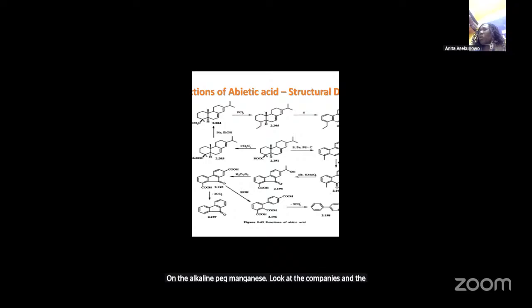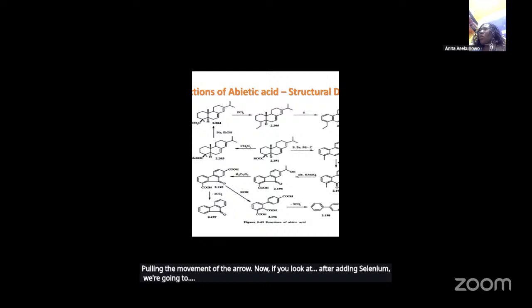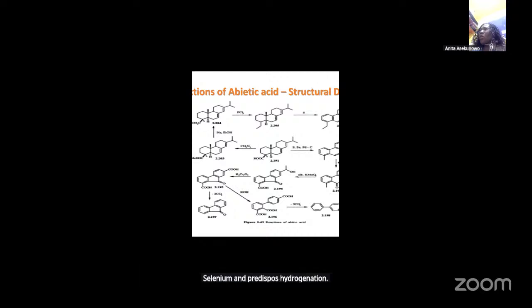Look at the same compound. If you look at this reaction, you have to follow it sequentially, following the movement of the arrow. Now, after adding selenium, we go to selenium and PDC. This is hydrogenation. This is dehydrogenation. Chromic acid forming is oxidation.